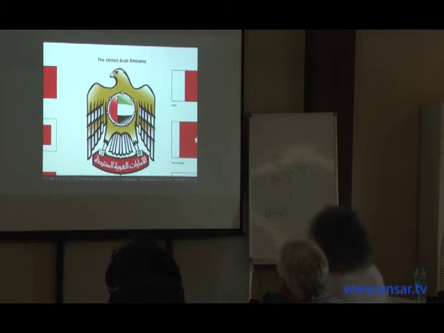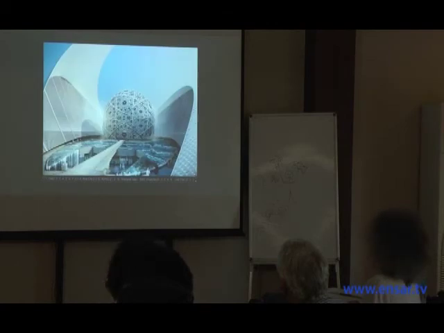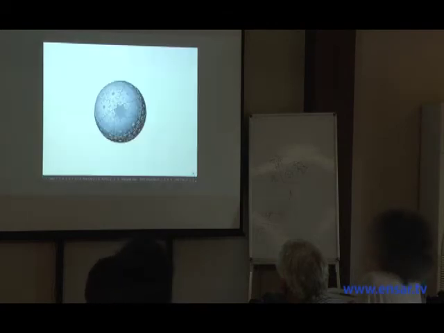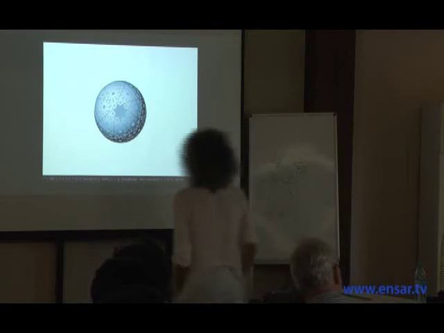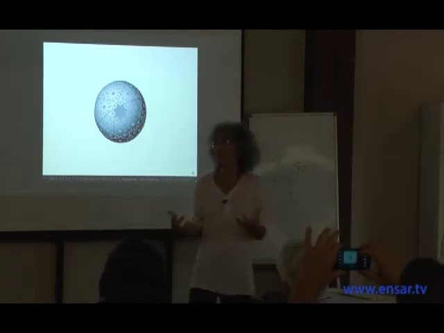For each Emirate, we have 1 star of 5. So finally, what happens? Look here, we have a star of a pentagon. But how many pentagons do we have all around? We have 7. So I think for this project, it's something that makes sense.